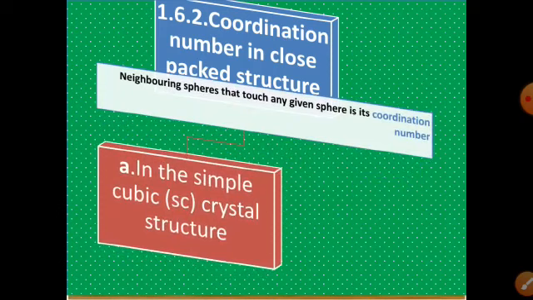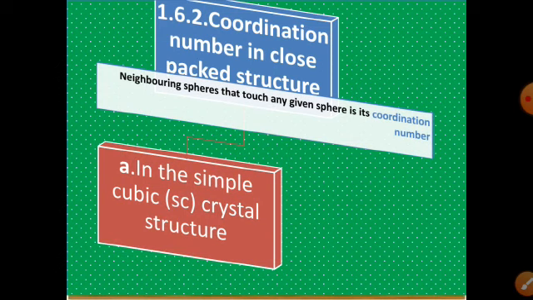Now next we'll see the coordination number in close pack structures. I have already discussed coordination number with you. Coordination number is nothing but the number of neighboring spheres that touch any given sphere. It means the sphere is attached to how many neighboring spheres, that is the coordination number.